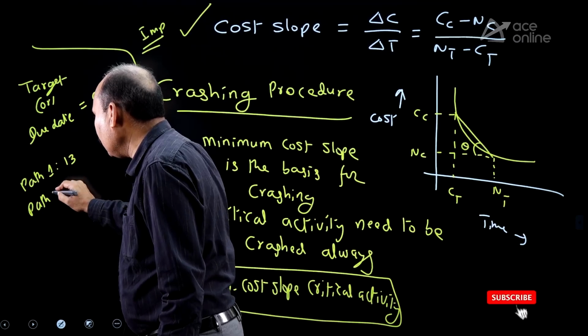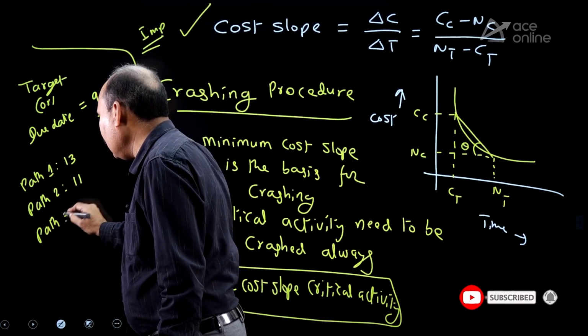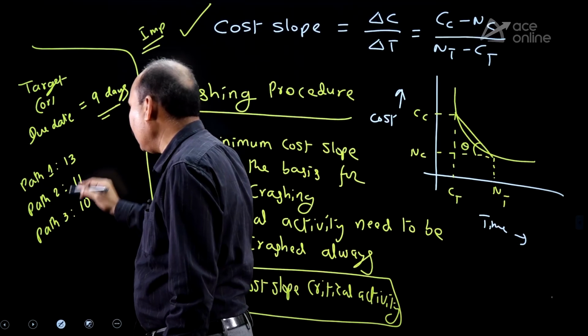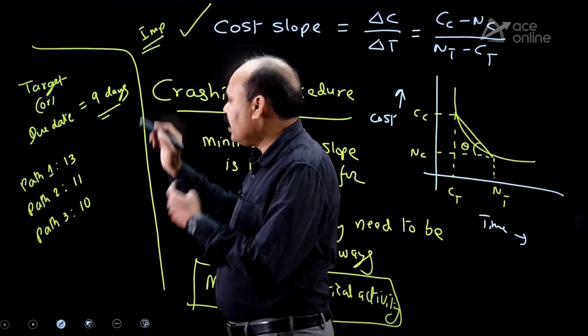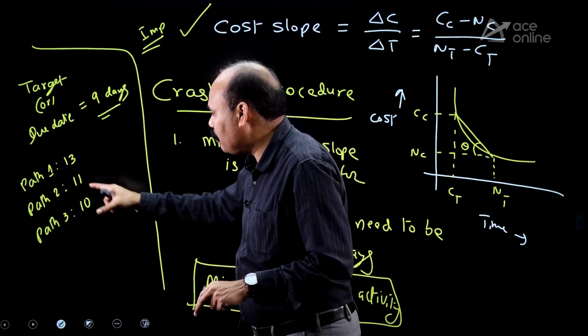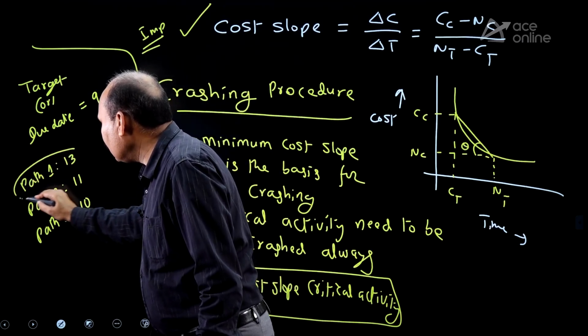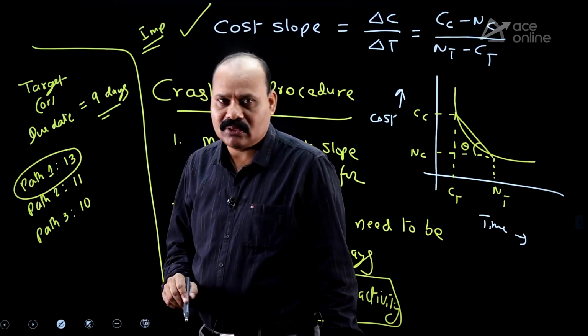Path 2 is 11. Path 3 is 10. Our target is 9. So what do we do? Critical path is equal to 13.